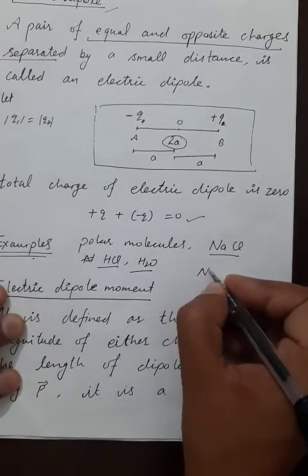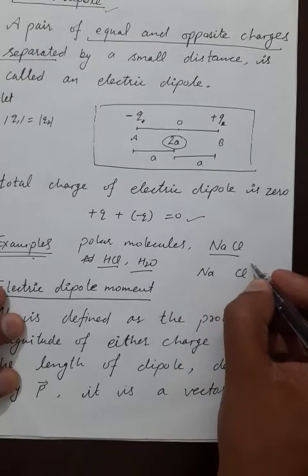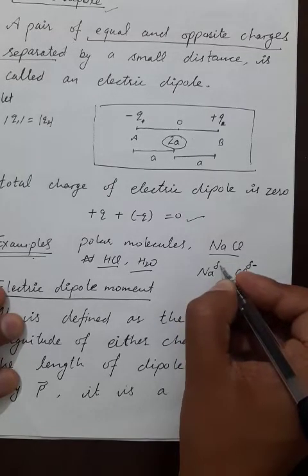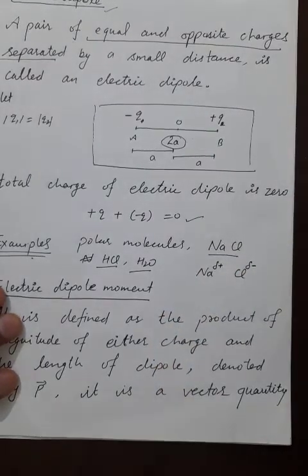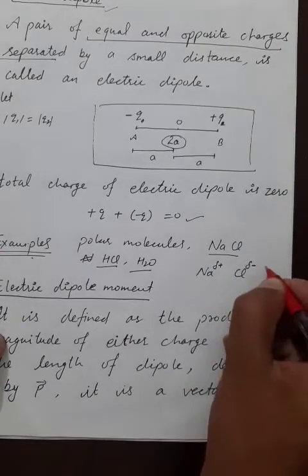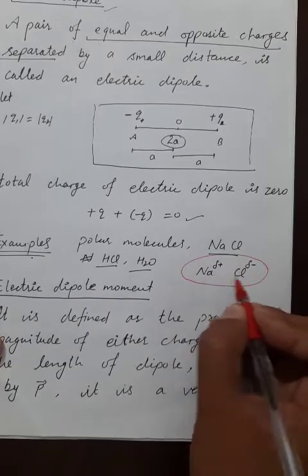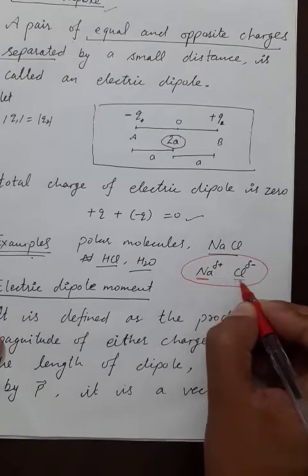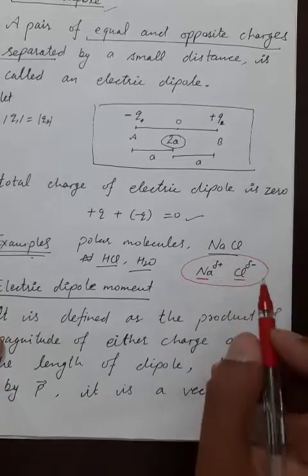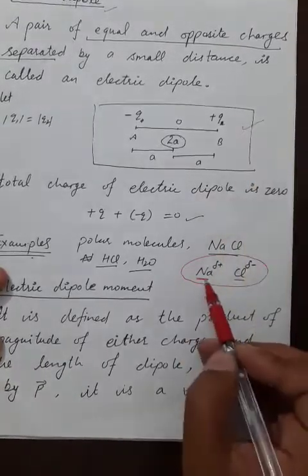As you know, due to the electronegativity difference, chlorine gets a partial negative charge and there appears a partial positive charge on the other atom. So NaCl, which is a polar molecule, is like an electric dipole because it has equal and opposite charges. The magnitude of the positive charge at Na is equal to the magnitude of the negative charge at chlorine, or Cl.